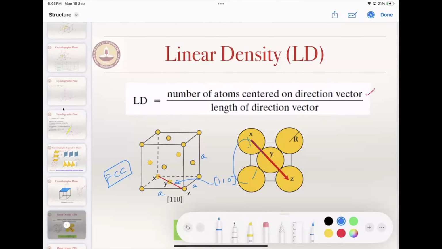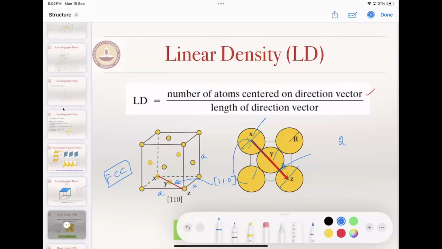Now, if you look at this direction vector, or this lattice vector, or crystallographic direction, you will see that effectively half of this atom is on the direction vector, half of this atom, and this full atom is sitting on the direction vector. Do you agree? So effectively, how many atoms are centered on this vector? 2 atoms.